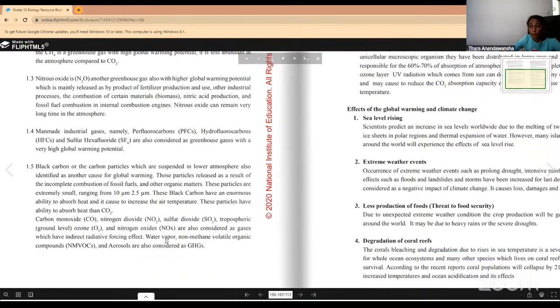Water vapor is also one of the factors, as I told you, and the non-methane volatile organic compounds and aerosols are considered as greenhouse gases.